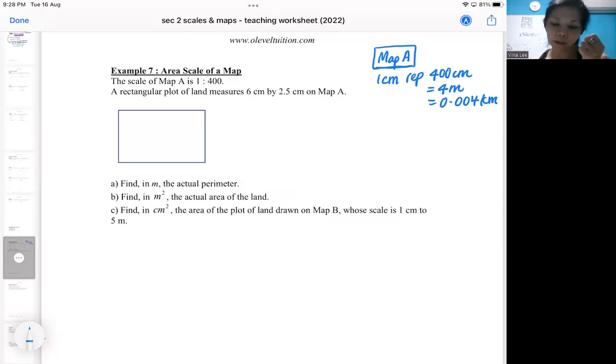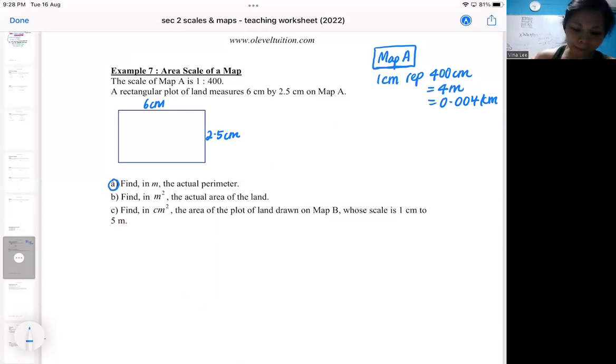There's a rectangular plot of length. This rectangular plot looks at 6 centimeter and 2.5 centimeter. I would like to find the actual perimeter. So part A, we are finding the actual perimeter. Of course, there are two methods that you can do.